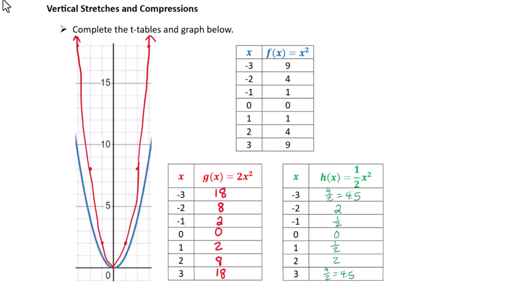So let's graph those. -3, 4.5, -2, 2, -1, 1/2, 0, 0, 1, 1/2, 2, 2, 3, 4.5.